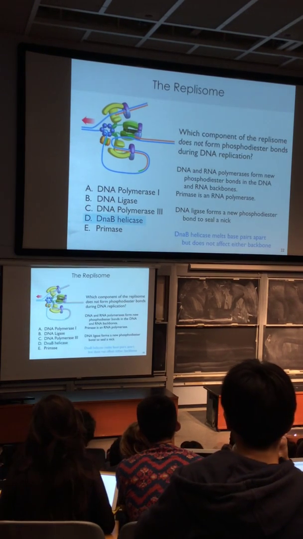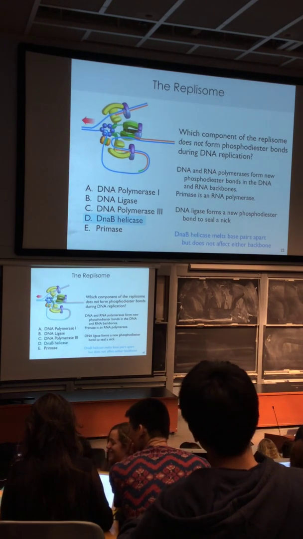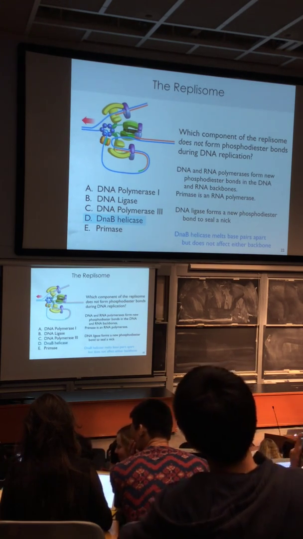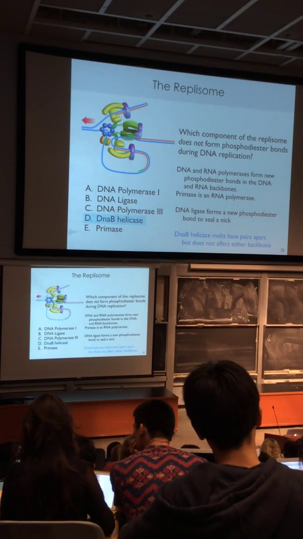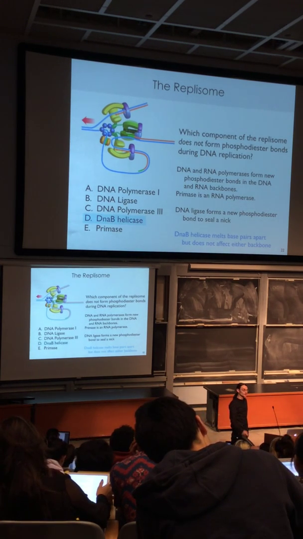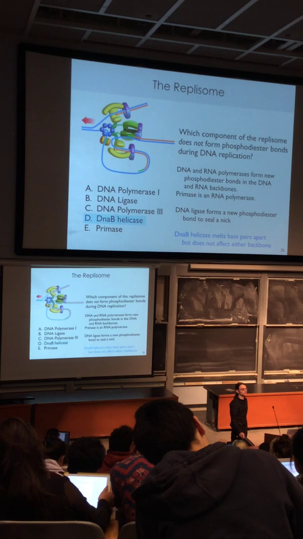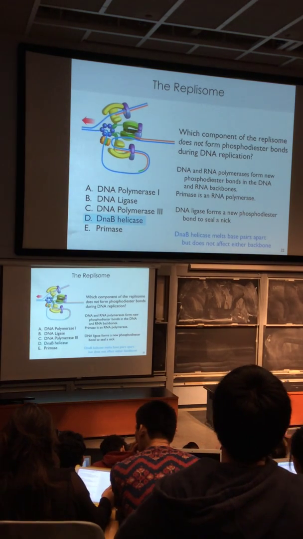DNA helicase is the one enzyme that does not form phosphodiester bonds. So the polymerases, certainly Pol 1 and Pol 3, are both forming some of these bonds that end up in the final DNA. Ligase does as well, to form that one last phosphodiester bond that ends up in the DNA. Primase forms RNA-DNA bonds.